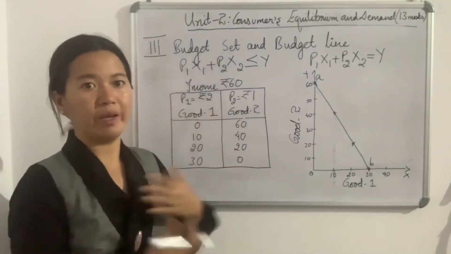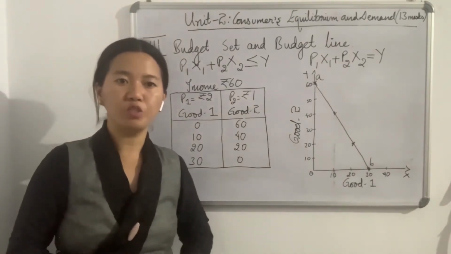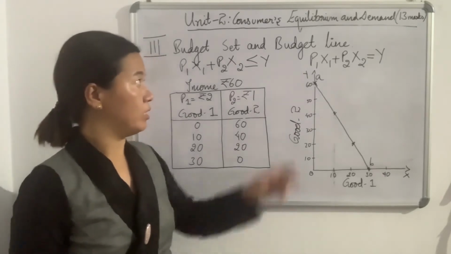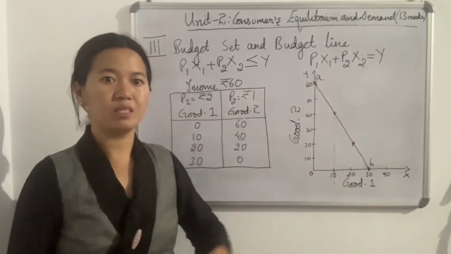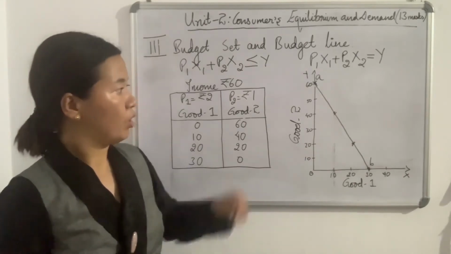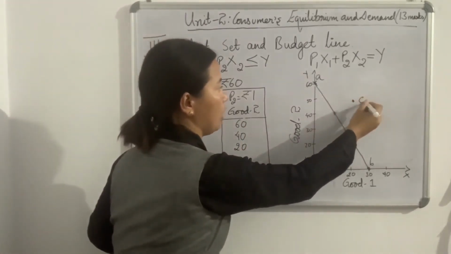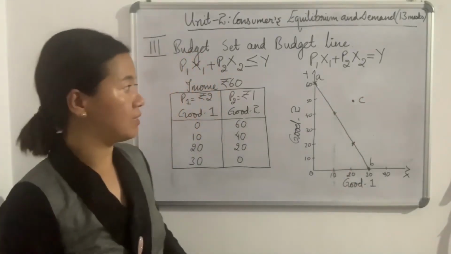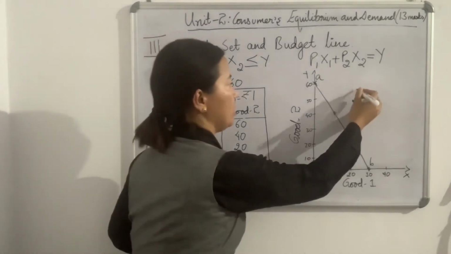In this case, when I have 60 rupees, I'm spending all of my 60 rupees to consume two commodities. So that is your budget line. And this AB utilizes full income. So suppose there is a point outside the budget line, let's say point C. Point C is non-attainable.